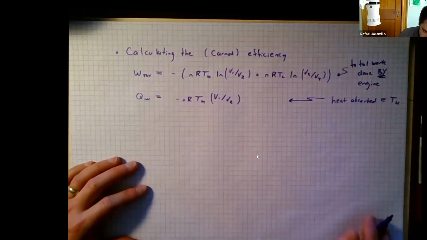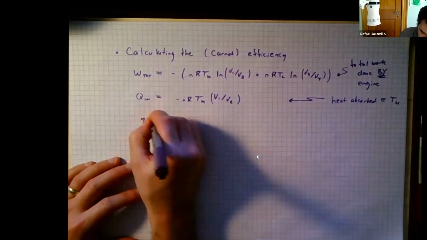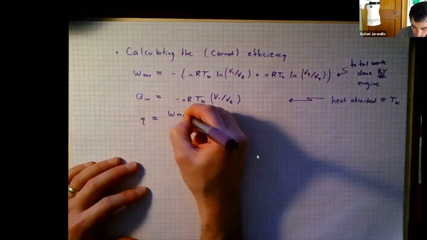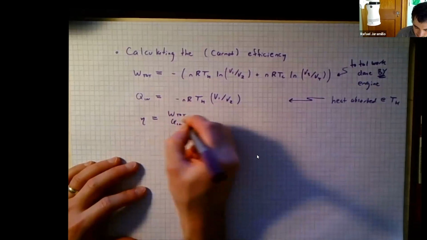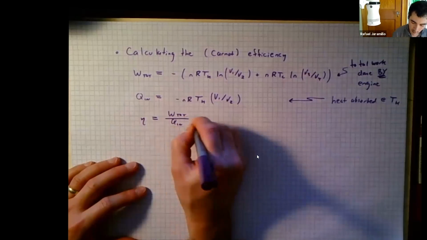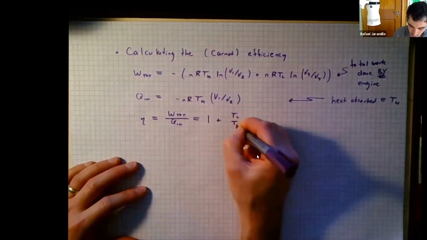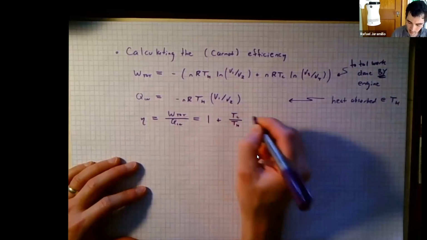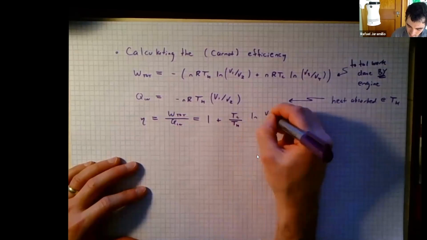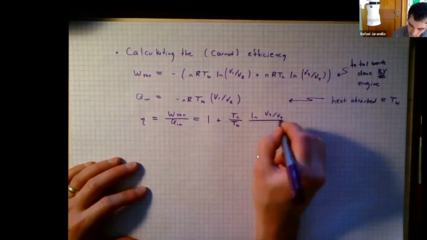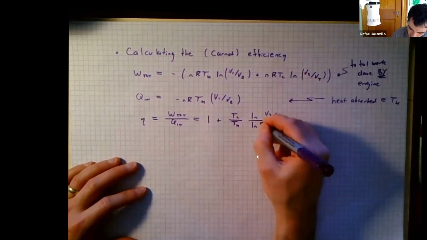Okay, so the efficiency equals the total work the thing does over Q_in, which equals 1 plus T cold over T hot, times log V3 over V4 over log V1 over V2.